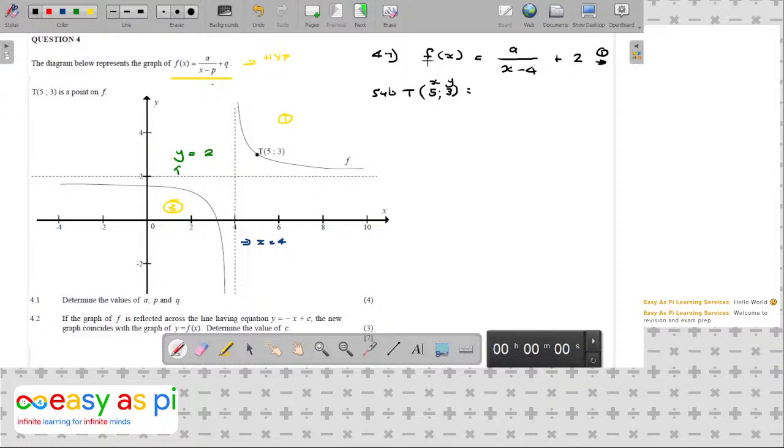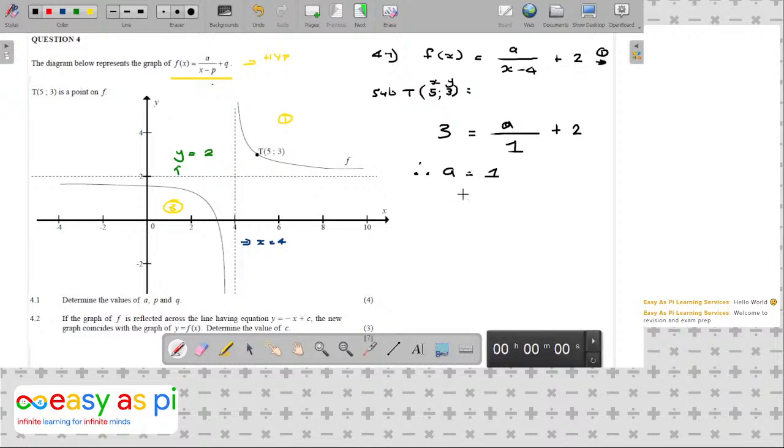So where I see f of x, which is the same as y, I'm going to say 3 is equal to a, which I don't know, all over 5 minus 4, which is 1, plus 2. Of course, then I need to solve for a. I can do that by taking this 2 across. a over 1 is just a, and so therefore I get a is equal to 1.